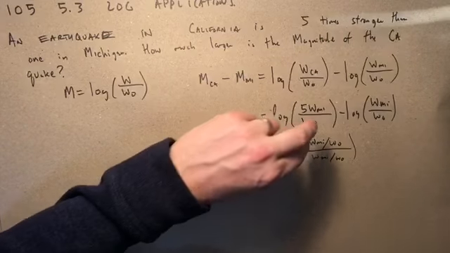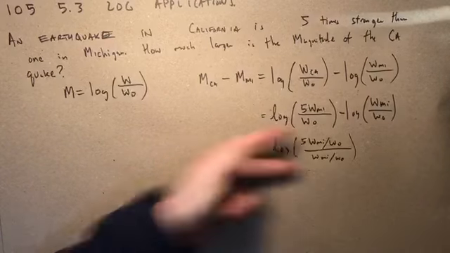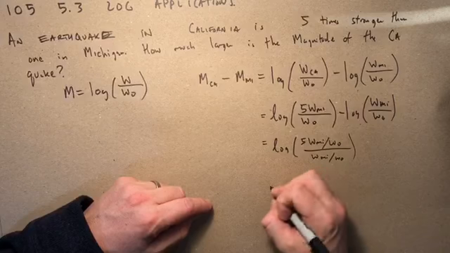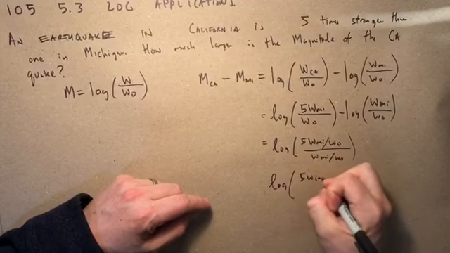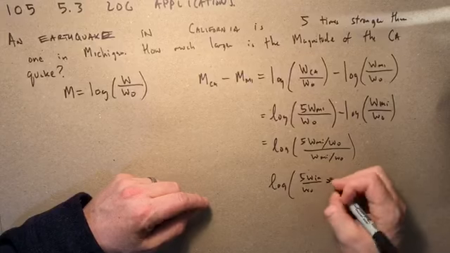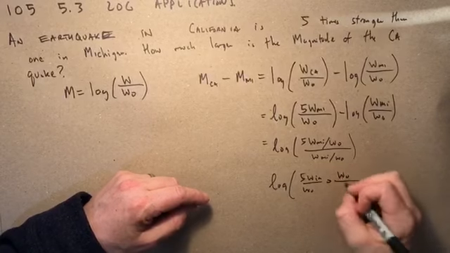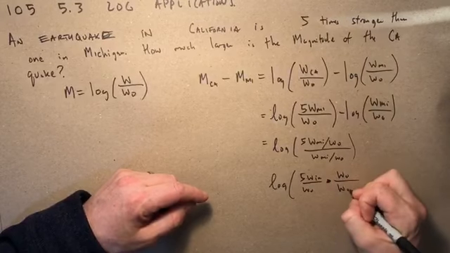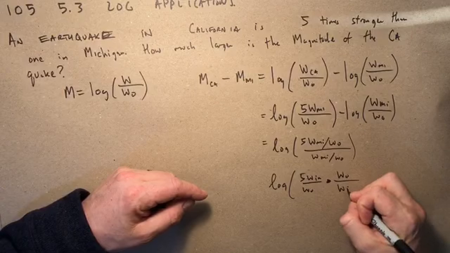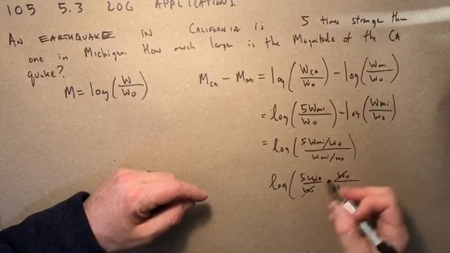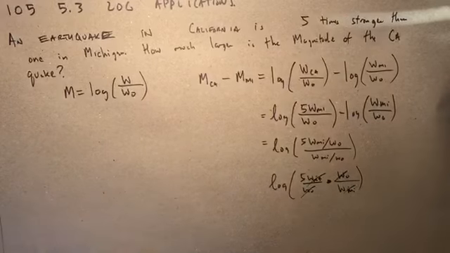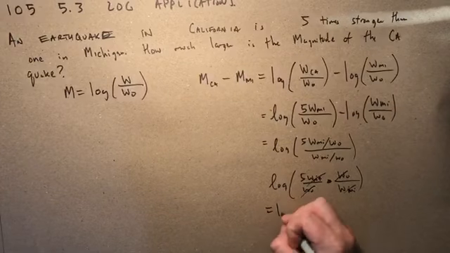And keep in mind, when I divide a fraction by a fraction, I'm going to multiply by the reciprocal. We'll have the log of 5 times the strength of Michigan over W naught times that benchmark times the strength of Michigan. And murder is going to occur everywhere except for the log of 5.